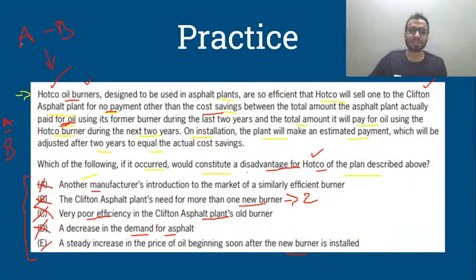So if it were spending B, which is less than A, now it could be spending B dash, which could be equal to A or more than A because the price of the oil went up. Even if they're purchasing fewer gallons, once the price goes up, instead of B, this becomes B dash. So E is the correct answer.